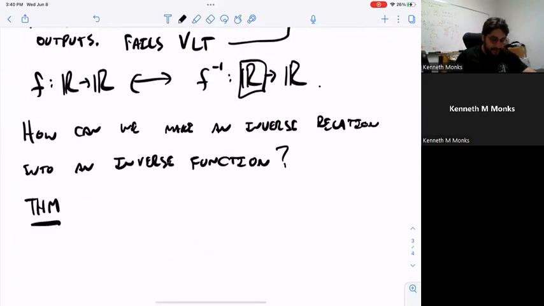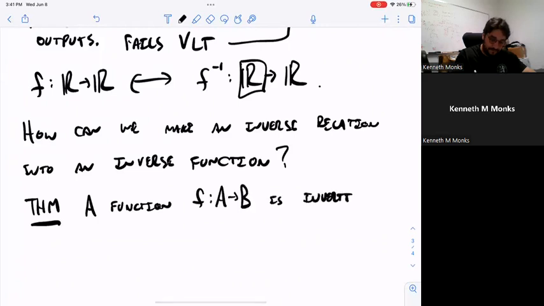So here's our theorem that I actually mentioned in a previous video. A function f is invertible. And what do I mean by invertible?